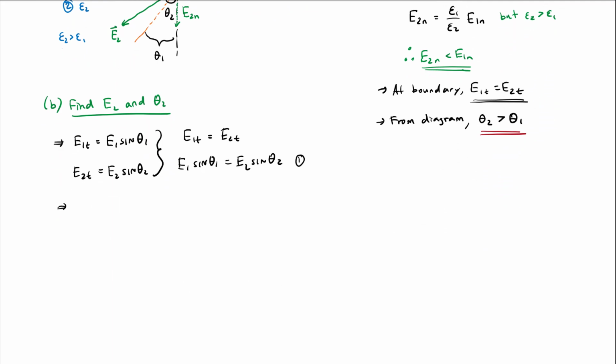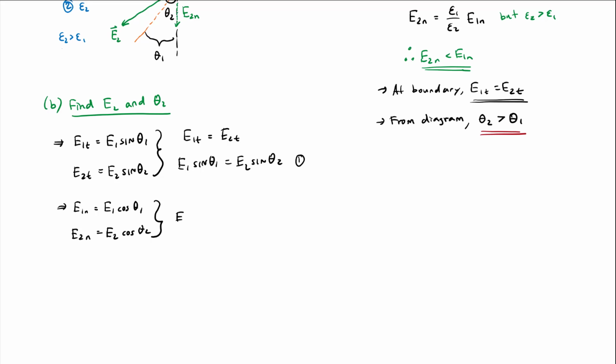Next step, let's take a look at E1n and E2n. E1n is going to be E1 cos theta 1. E2n is going to be equal to E2 cos theta 2. It's pretty straightforward. And we try to solve for E2n, just like before.